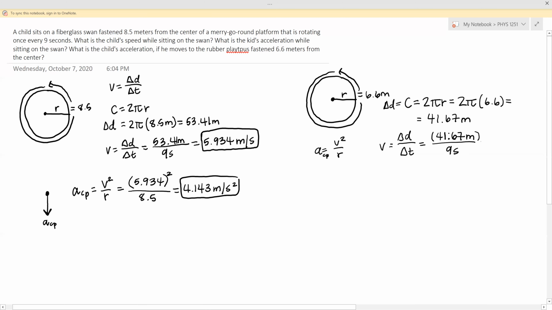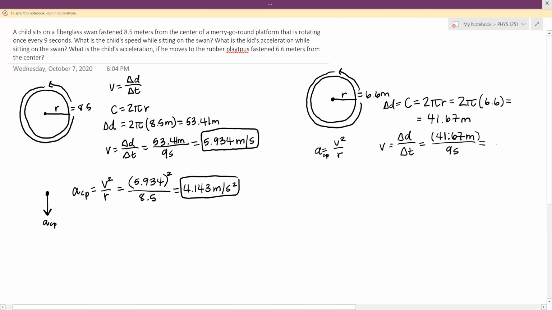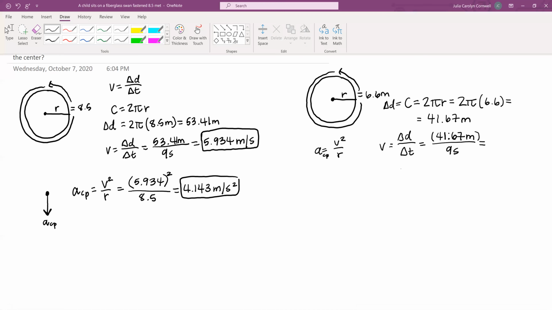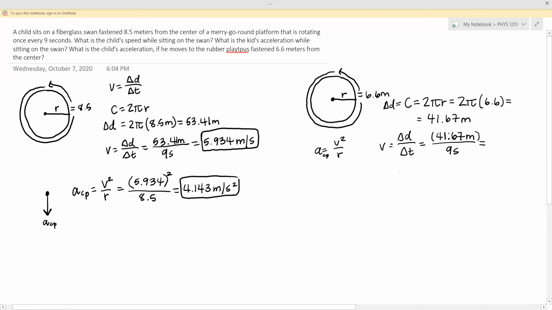So divided by 9 seconds, and that gives us 4.61 meters per second.